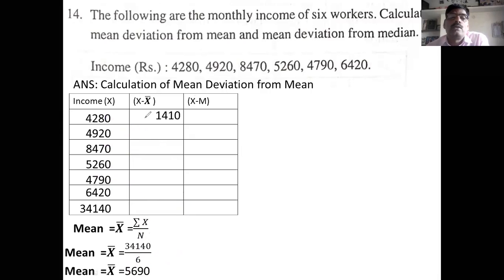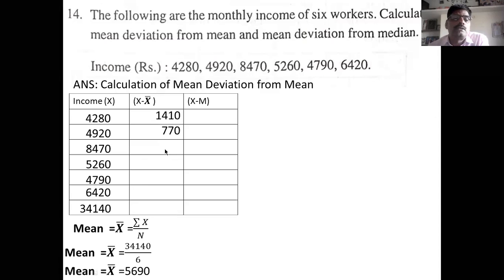Otherwise you put the equation: 4,280 minus 5,690 is equal to 1,410. 4,920 minus 5,690 is equal to, you write the answer. Second difference is 770.